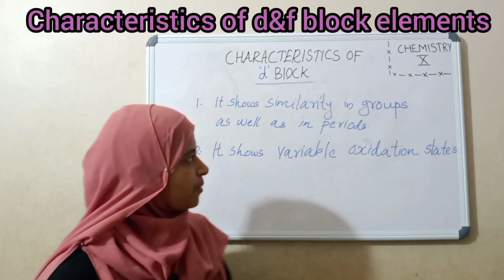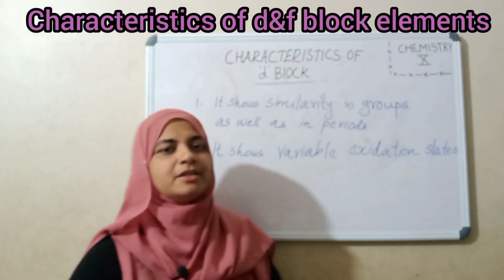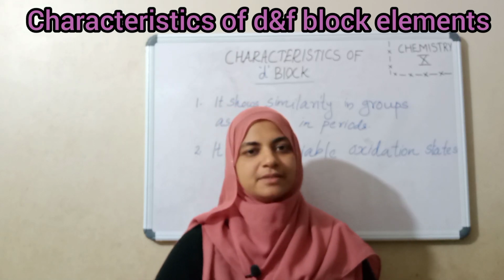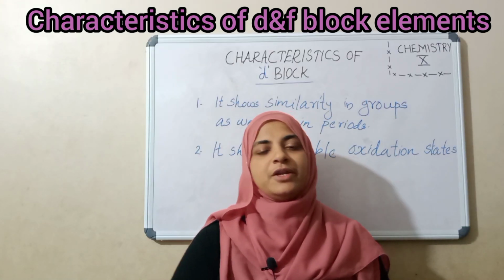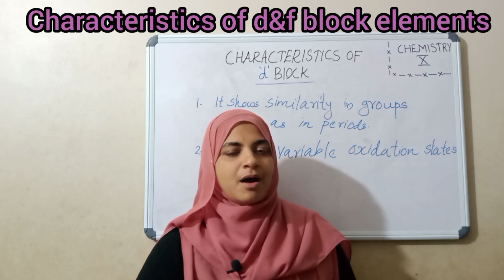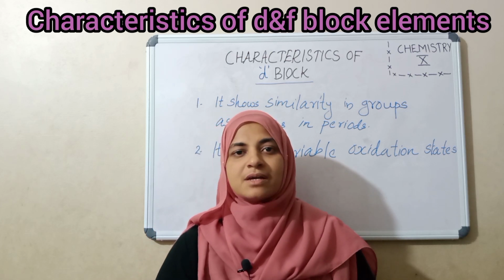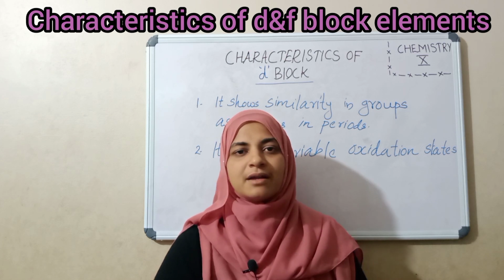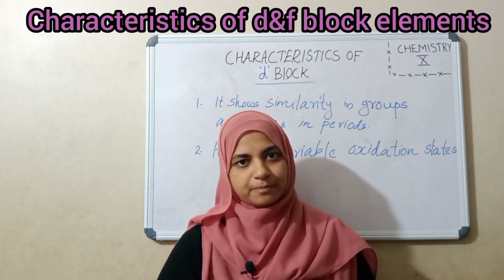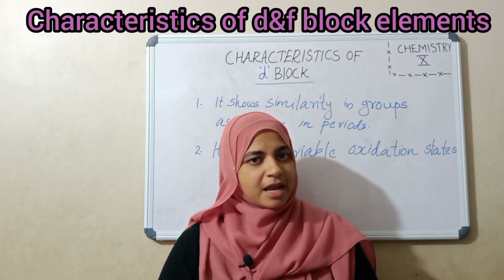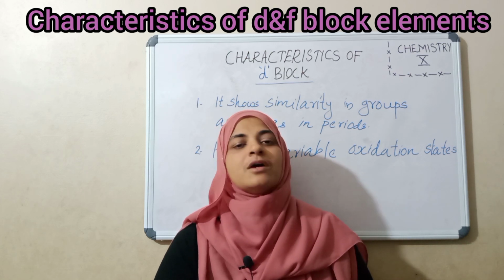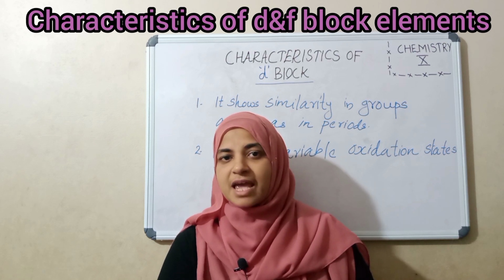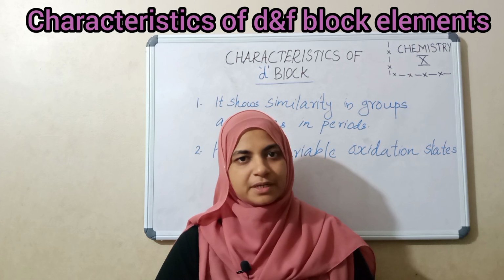Then we can discuss the first property, that is, similarity in groups as well as in periods. We already know that in a group all elements show similar properties. Therefore, these elements are included in the same group. That is, the elements in each group show the same chemical and physical properties.